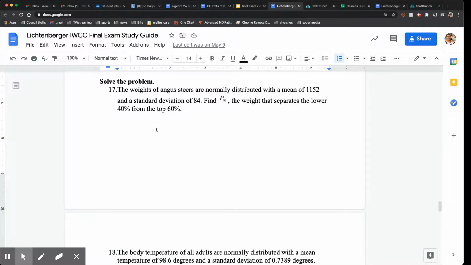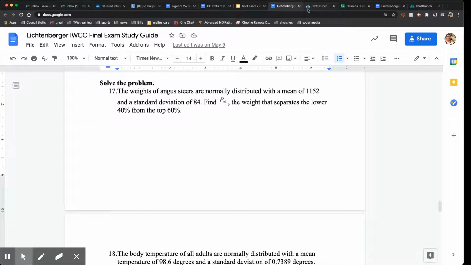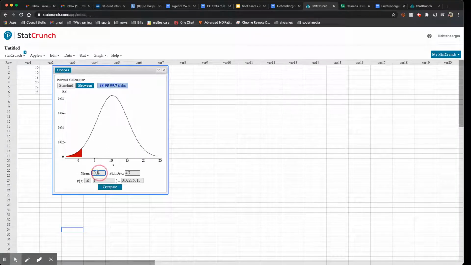Number 17, the weights of Angus steers are normally distributed with a mean of 1,152 and a standard deviation of 84. Find P40, the weight that separates the lower 40% from the top 60%. Okay, so let's go ahead and change.